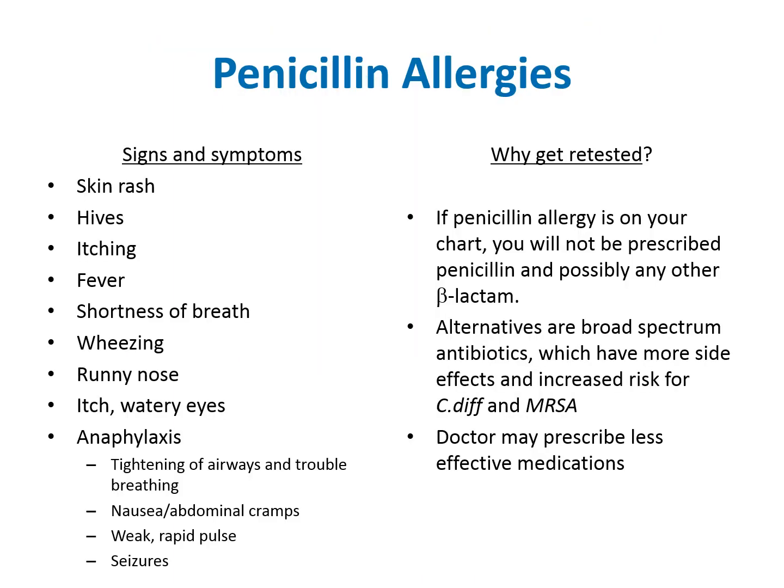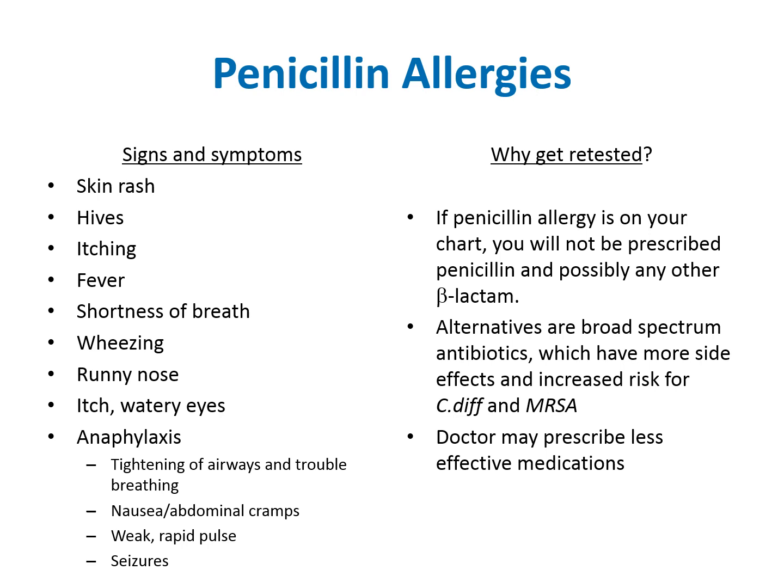One last thing about penicillin before we're done with this topic. According to the CDC, approximately 10% of all U.S. patients report having had an allergy to penicillin at some point during their lifetime. What does a penicillin allergy look like? Well, while taking penicillin, maybe somebody develops a skin rash or hives.